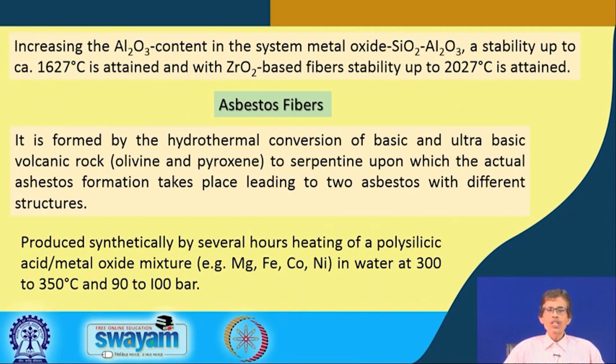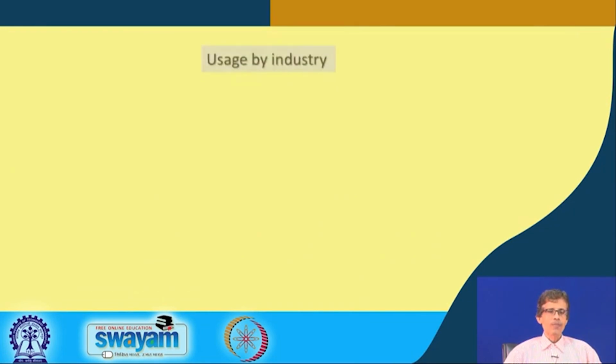So not very high, only 90 to 100 bar and a temperature of 300 to 350 degrees can be useful for producing synthetic asbestos fibers.